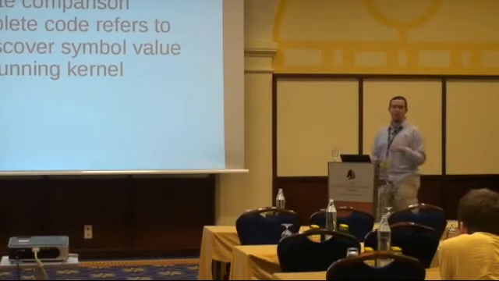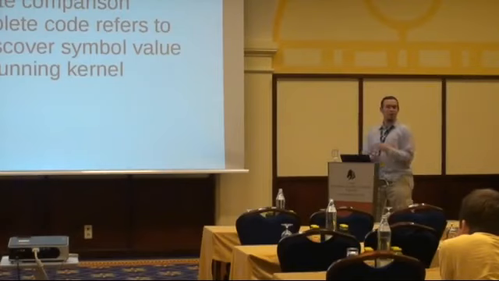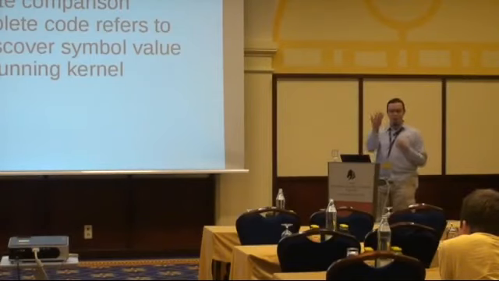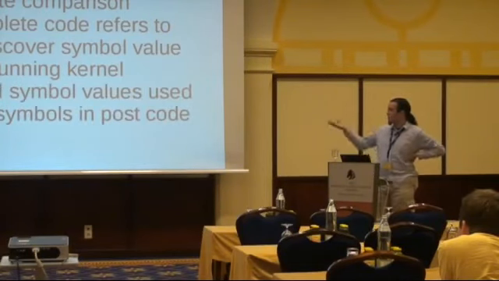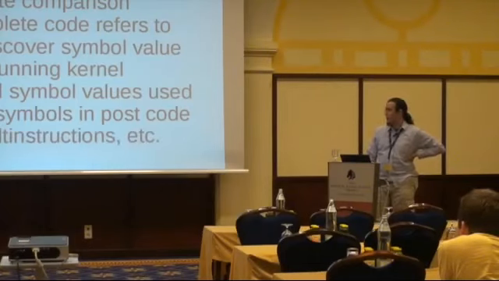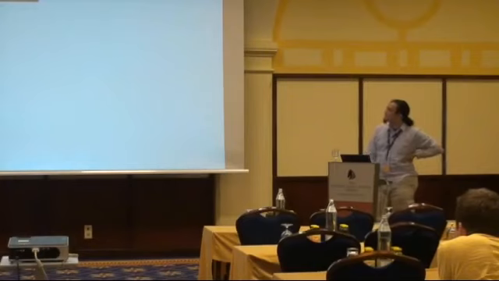We replaced every reference to an undefined symbol. So that means that when we have the pre-code, we can actually backsolve for the value of the symbol. And we use these discovered symbols to resolve the postcode. And there's a lot of grody details because Linux does some really weird things that we have to be aware of. So let's talk about this resolving of symbols in the running kernel.